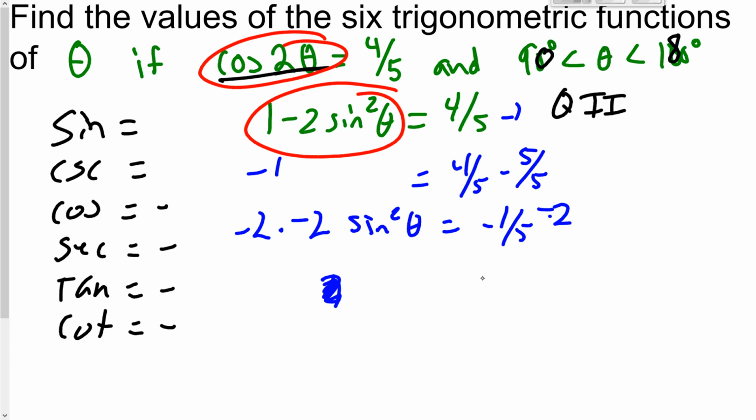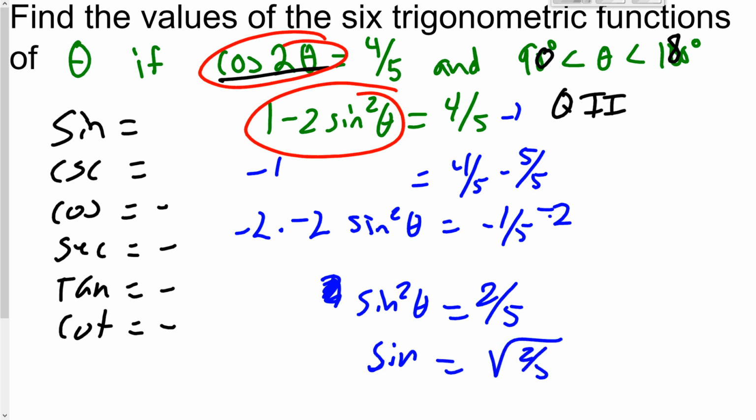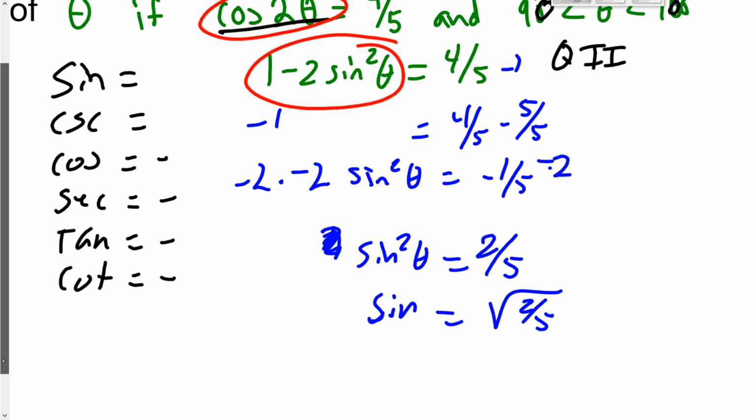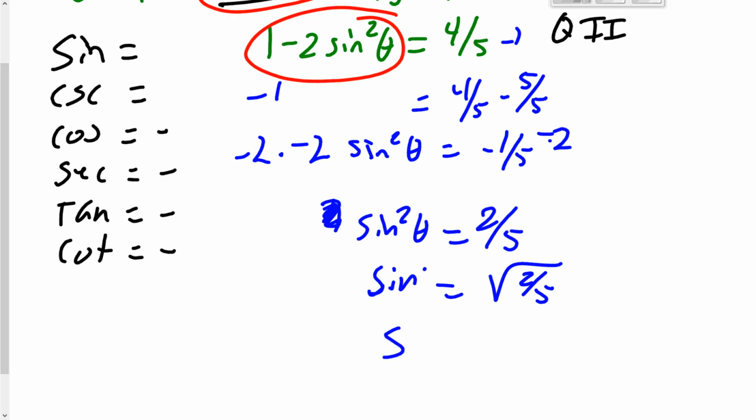Negative 2. And that equals 2/5, equals sine squared theta. Square root both sides. We get a plus or minus, but we know since we're in the second quadrant, sine is positive, so we don't need to worry about that. So sine is square root of 2/5. So sine of theta equals square root of 2 over the square root of 5.